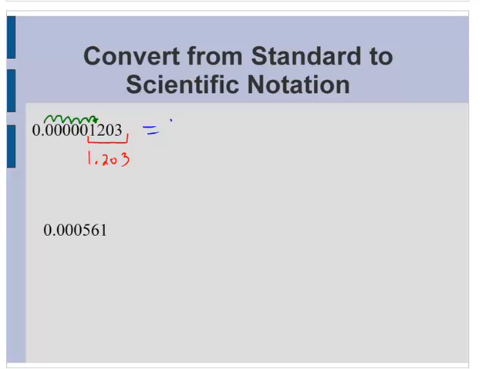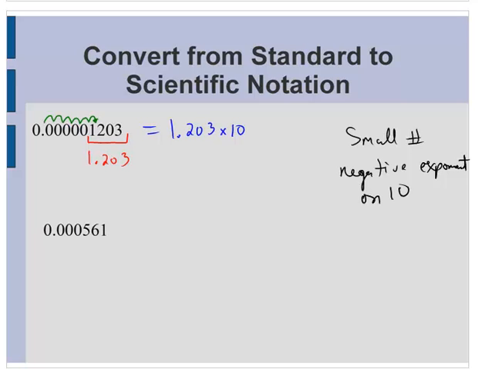So, I have 1.203 times 10 to the... Now, is this a large number? The original number was not large, it was a small number. And I tend to think small numbers get negative exponents on 10. So I'd have 1.203 times 10 to the negative 6th power.